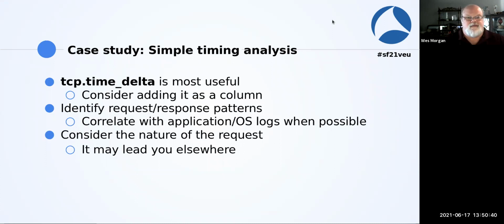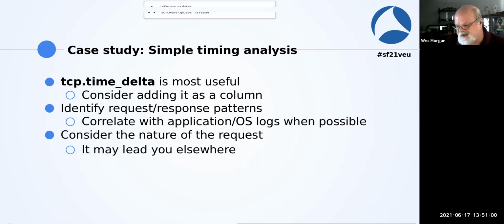Sometimes all you need is a basic timing analysis. And this is where Wireshark's computed tcp.time_delta attribute is most useful. You may consider adding it as a column just to make it more visible.